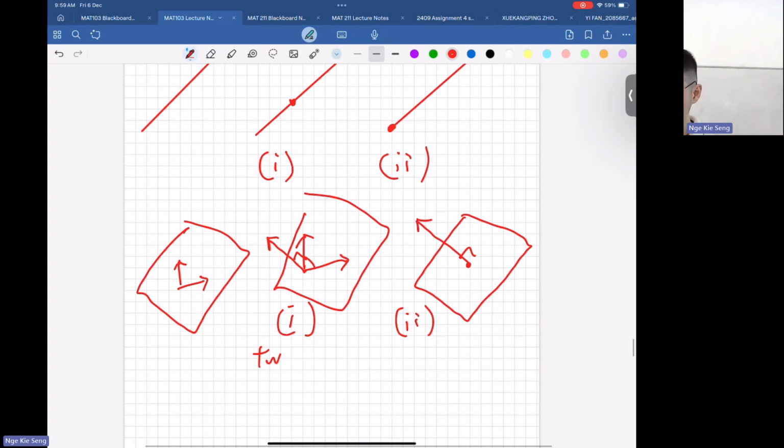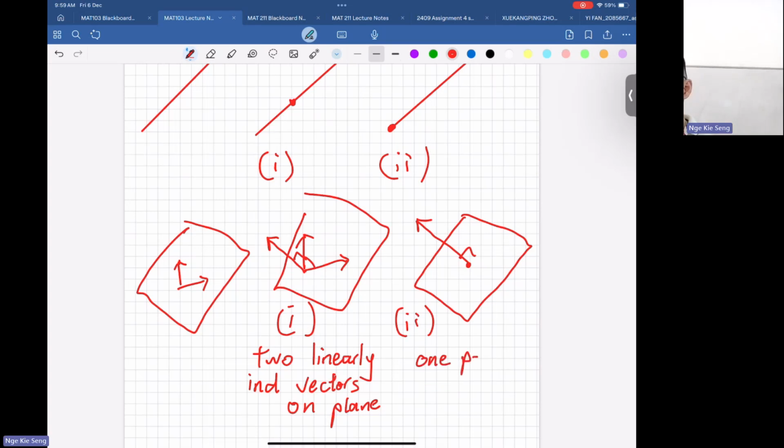So here, two linearly independent vectors on the plane, or one point on the plane and a normal vector to the plane.